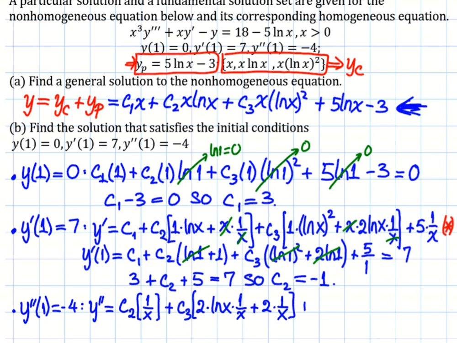And derivative of 5 over x is going to be 5x to the negative 2.